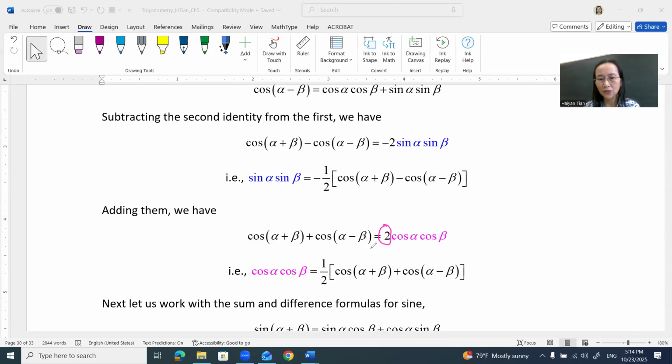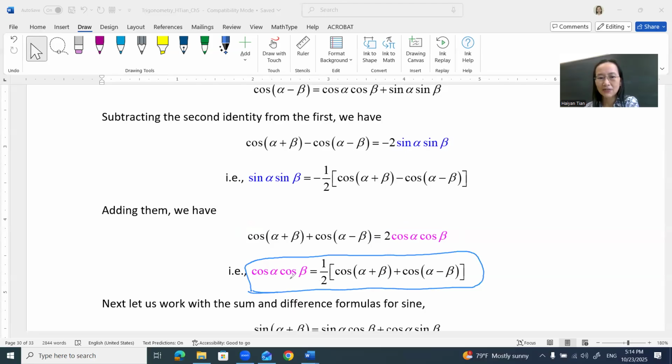And you can divide 2 from both sides of the equation. Let's divide 2, just simply divide 2 both sides. Then cosine alpha, cosine beta can be represented. See, this cosine alpha, cosine beta is written as half of this sum. So again, we see this if we swap sides.